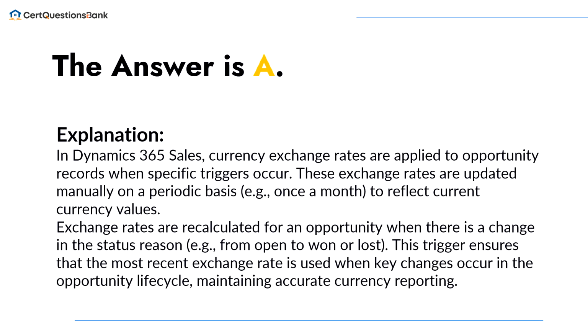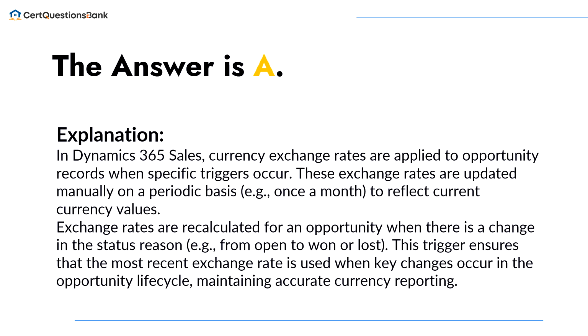The answer is A. In Dynamics 365 Sales, currency exchange rates are applied to opportunity records when specific triggers occur. These exchange rates are updated manually on a periodic basis, e.g., once a month, to reflect current currency values.